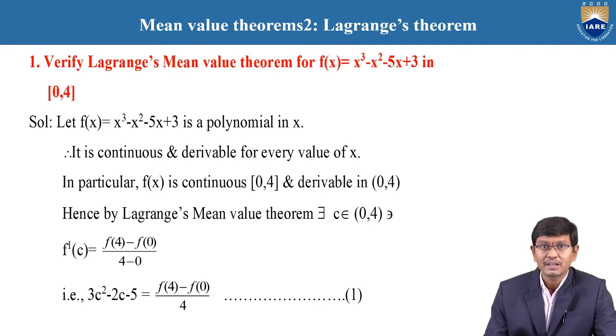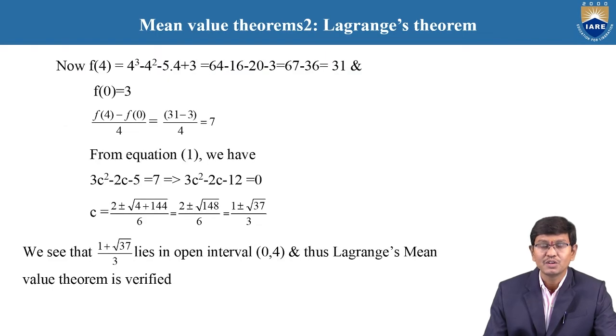So f of b minus f of a means f of 4 minus f of 0 by 4 minus 0, that is f of 4 minus f of 0 by 4. Now we are going to calculate f of 4 and f of 0. Therefore, f of 4, in the given function, replacing x with 4, is 4 cube minus 4 square minus 5 into 4 plus 3.